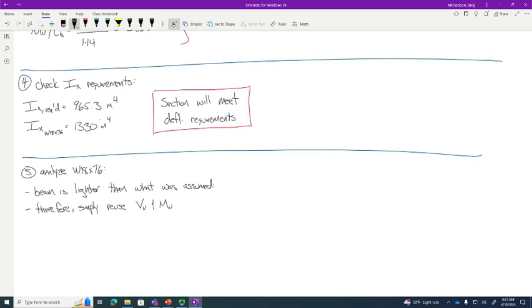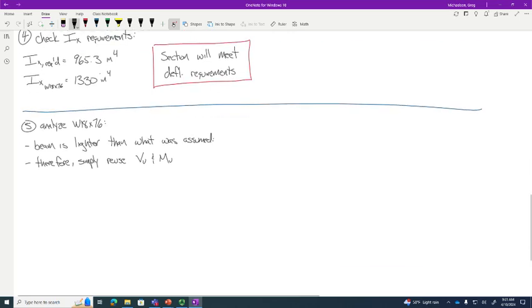Now, for the W18 by 76, we need to determine the moment capacity. We've got a flow chart that'll help us determine the capacity. How do I determine phi Mn for this section?